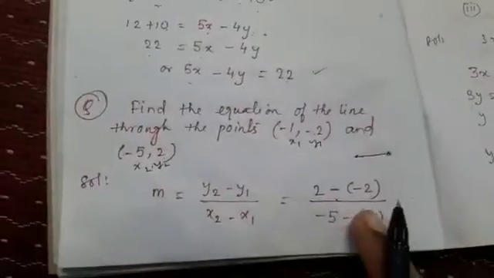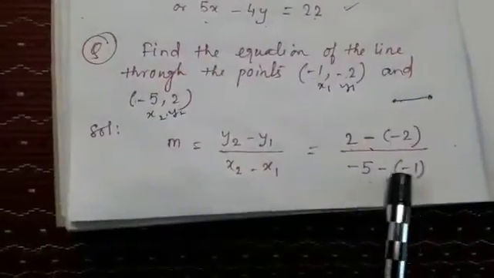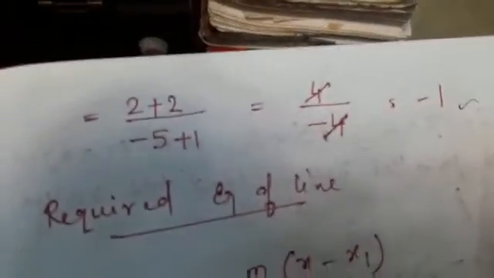When you open the bracket, minus minus will become plus, so 2 plus 2 will give you 4. And here when you open the bracket, minus 5 plus 1 will give you minus 4. So 4 by minus 4 you will cancel, and you will get minus 1 as the slope from these 2 points.